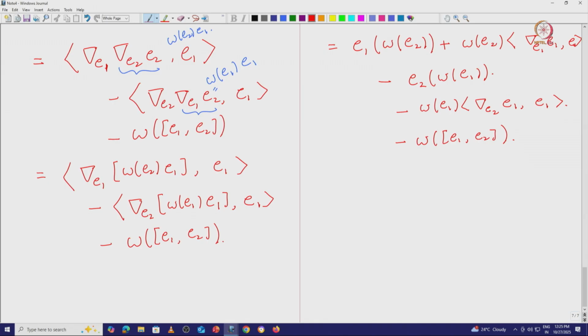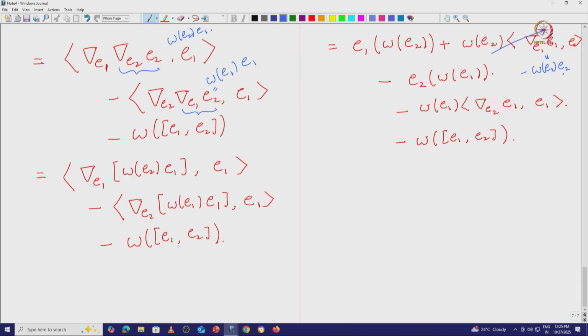All right. Now whenever you differentiate E1, this is going to be omega E1 with a negative sign times E2, but then the inner product of E2 and E1 is going to be 0.